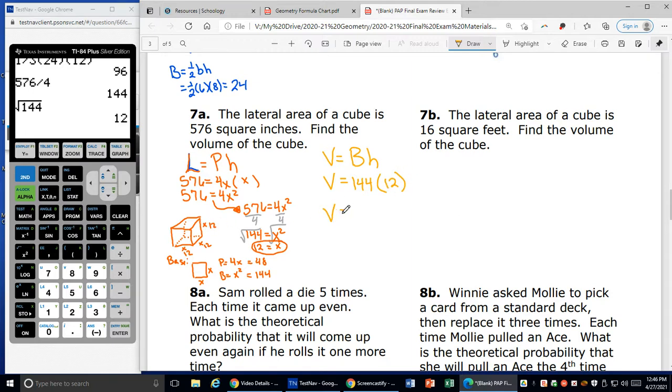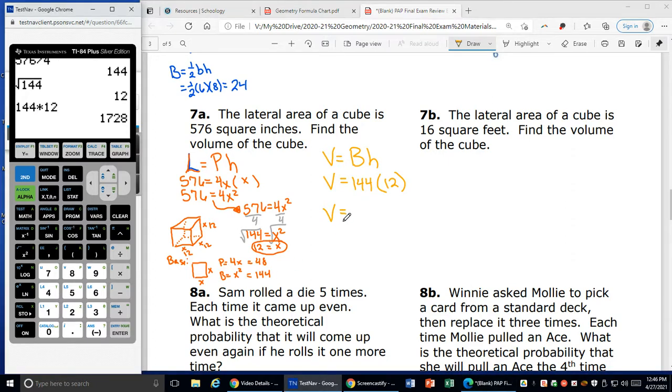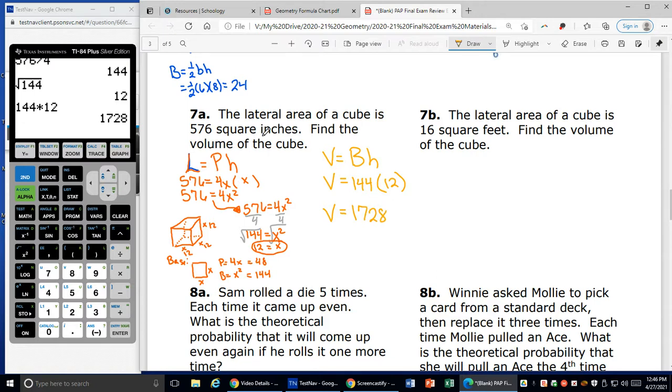So my volume is 144 times 12. My volume is 1,728 cubic inches. So again, first we had to figure out what our side lengths were on our cube. Then we could use that to find the volume of the cube.